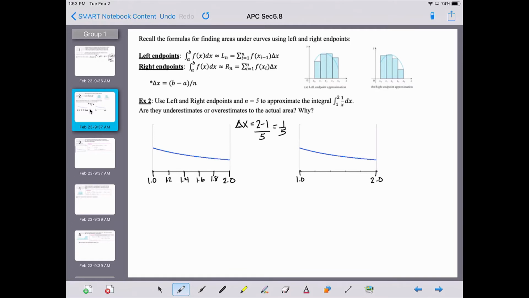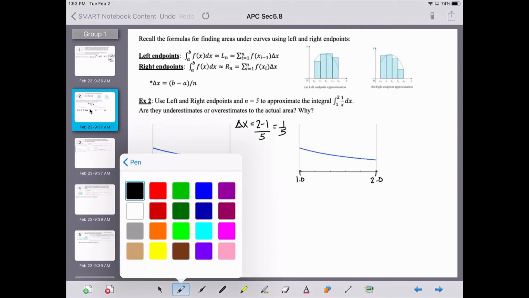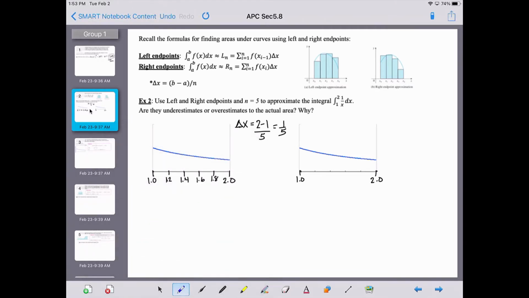And so if I'm using left endpoint rectangles, I will start with that one first. Then the height of my rectangle will be determined by the left corner of the rectangle here. So the height of the first rectangle would be right here, and then the second rectangle would be right here, and the third would be here, the fourth would be here, and the fifth would be there, right?